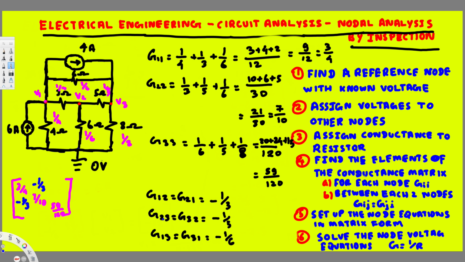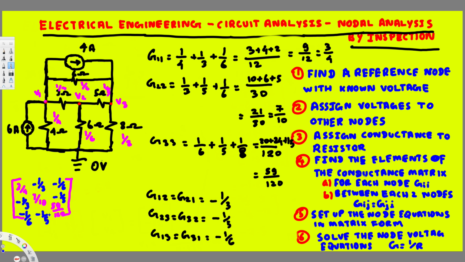Then we have V2 and V3, second row third column, so it's going to be minus 1 over 5, and third row second column is also minus 1 over 5. The last one is first row third column, that's minus 1 over 6, and third row first column is minus 1 over 6.